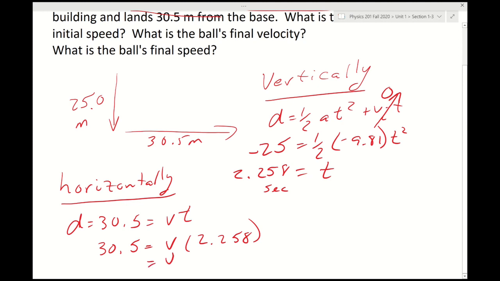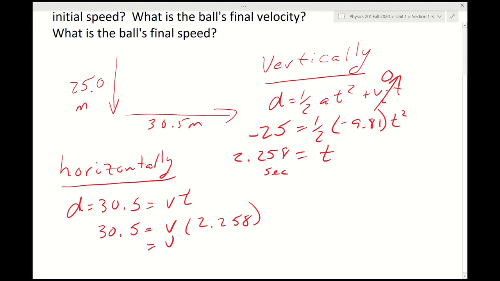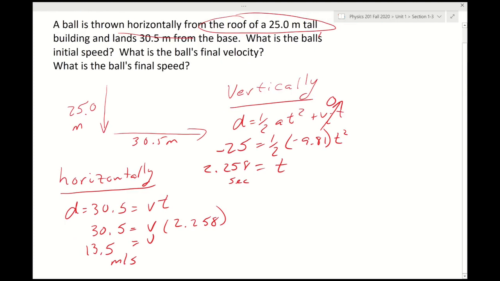So our horizontal speed is about 13.5 meters per second. So for the ball's initial speed, it moved horizontally at 13.5 meters per second when it left the hand.